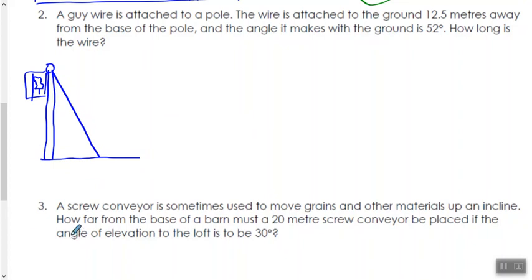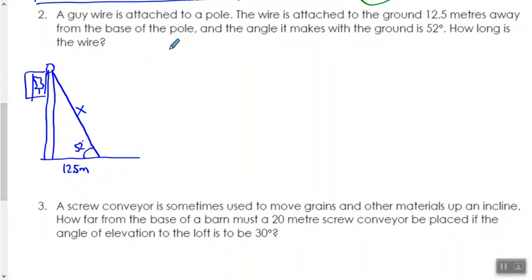The wire is attached to the ground 12.5 meters away from the base of the pole. So 12.5 meters away from the base. The angle it makes with the ground is 52 degrees. So here's the ground, here's my guy wire, this is 52 degrees. And I want to know how long the wire is.